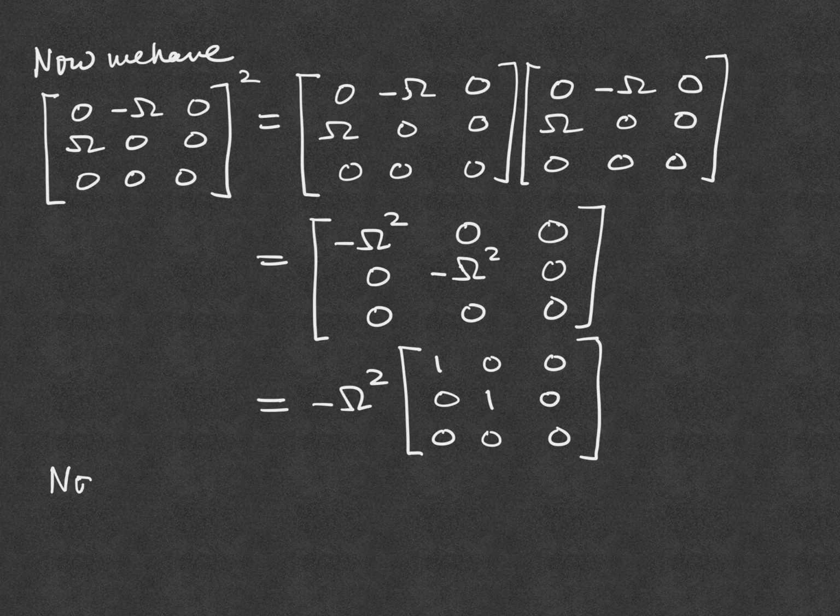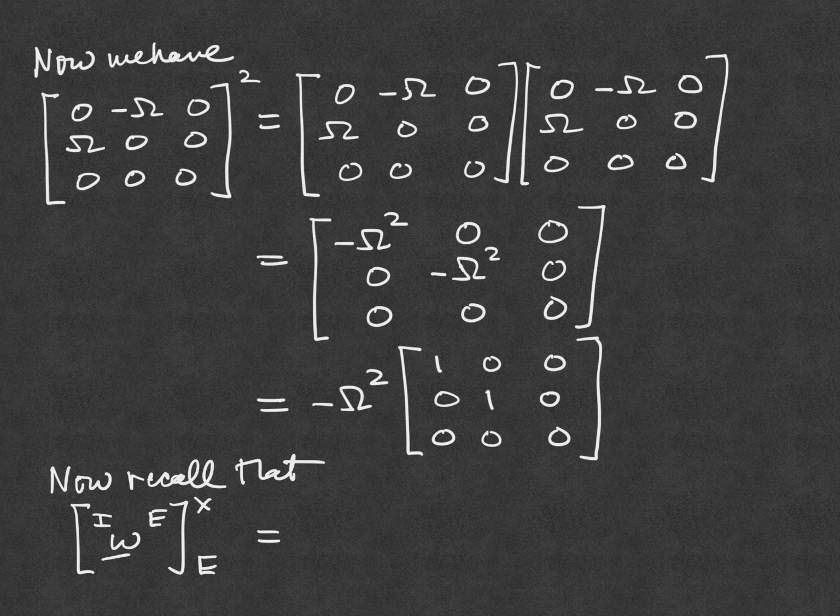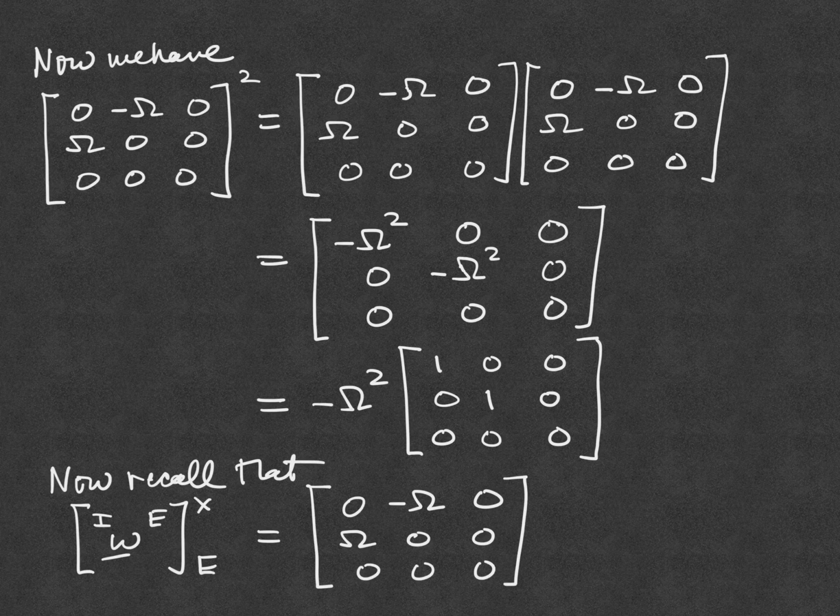So now recall that omega EI skew expressed in E is equal to this matrix that I have defined: 0, minus omega, 0; omega, 0, 0; 0, 0, 0. And also recall the previous expressions that I had for R expressed in E and VE expressed in E, and we wind up with the following result.